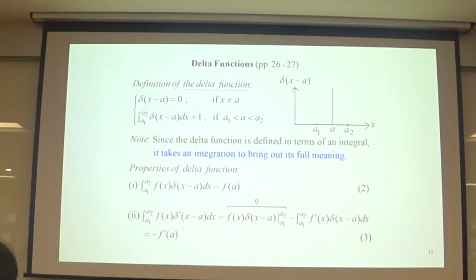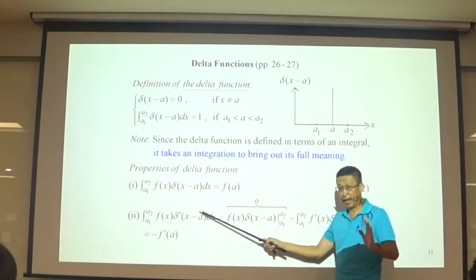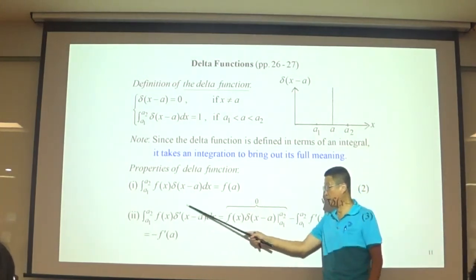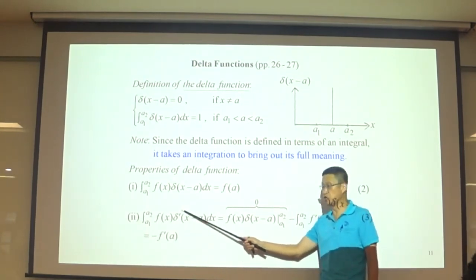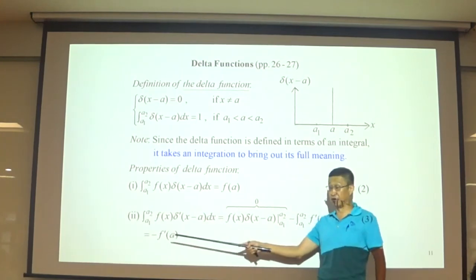This prime is just another coordinate system. Because of limited notation, we have no choice. So be careful about the physics meaning of the prime. Here, obviously, it should be the first derivative.